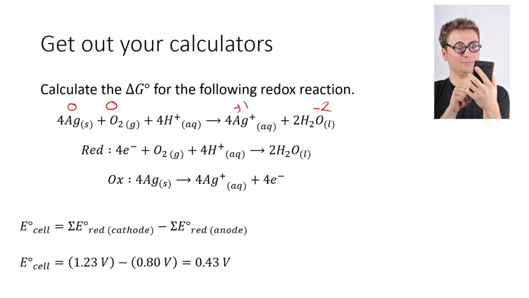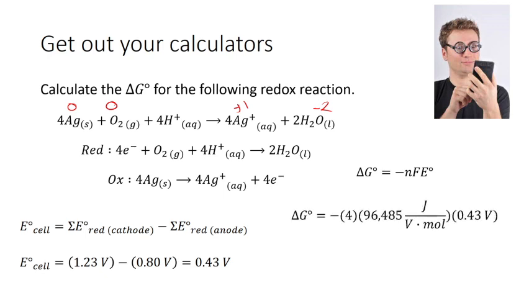So now, if you remember the equation from the last slide, we have Gibbs free energy equal to minus the number of moles of electrons times Faraday's constant times the standard cell potential. We're going to put all those numbers in, right, because we can tell from our balanced equation that we have 4 moles of electrons moving, Faraday's constant, which is a constant, and the standard cell potential that we just calculated.